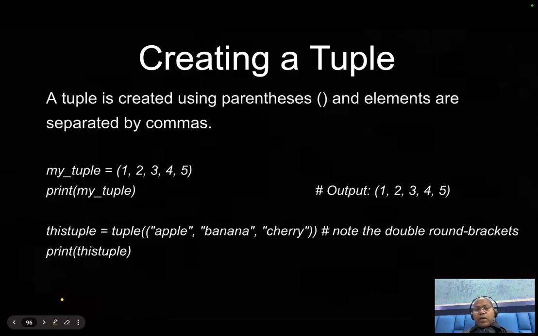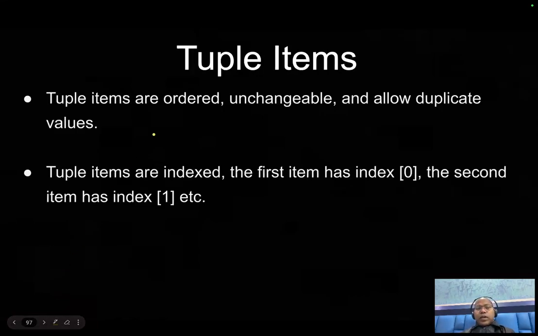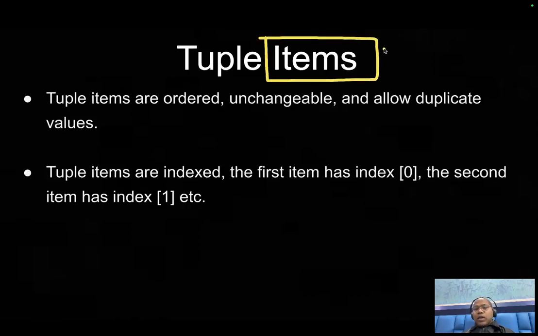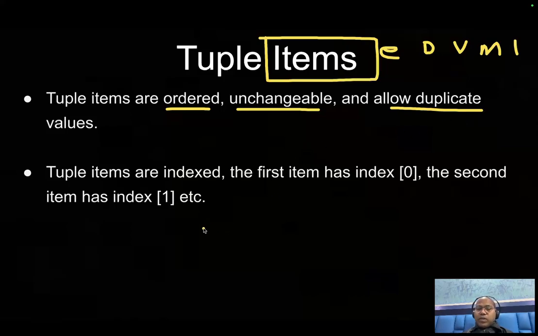Okay, so let's talk. Once you have created the tuple, sometimes you say tuple items, or element, or data, or value, or message, or information. Everything is the same, but different developers use different terminology. That's why remember, tuples are ordered, unchangeable, and allow duplicates. Whatever values I put here, let's say I put a 5, I put a 9, I put 5 again.